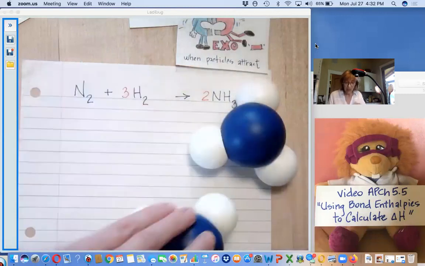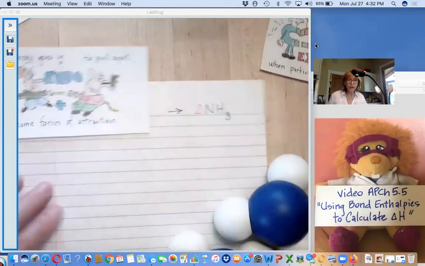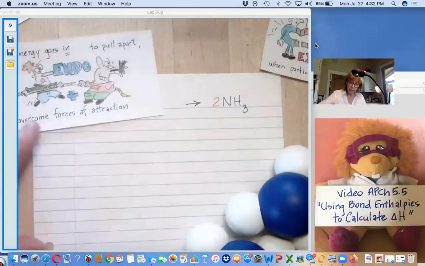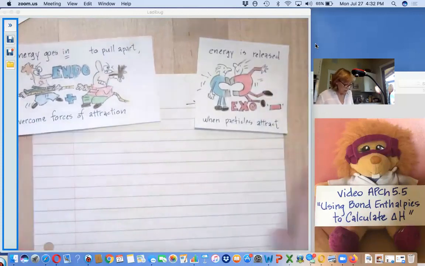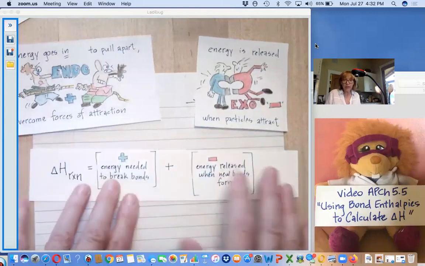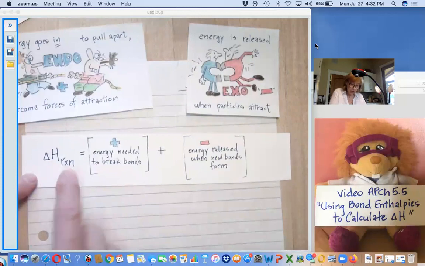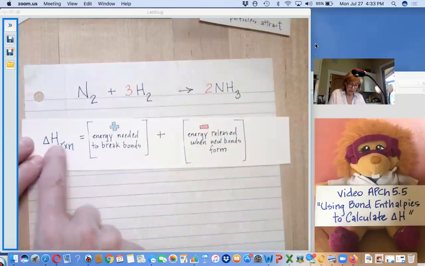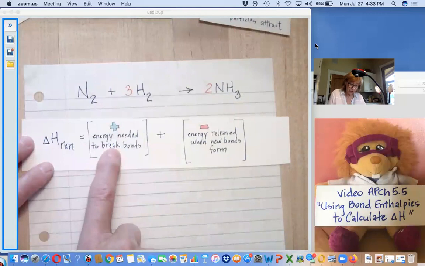Energy is released. So we have two things going on here. We have energy going in to break bonds, and then we have energy released when we make the new bonds. This is the relationship. The enthalpy change for this reaction is going to be calculated by collectively considering all the different energies that had to go in to break the bonds.